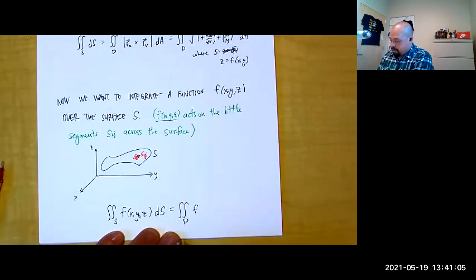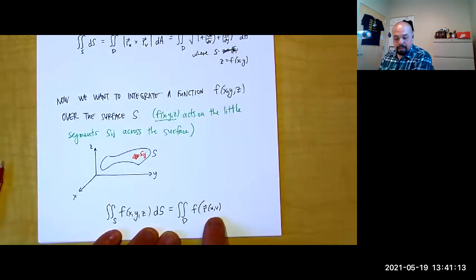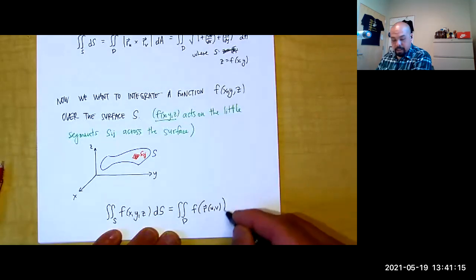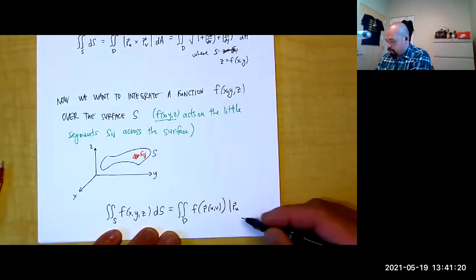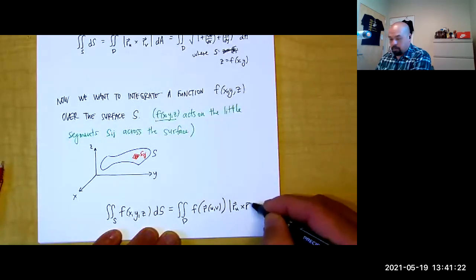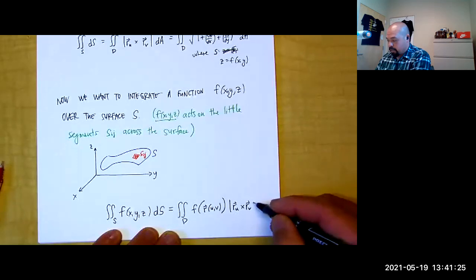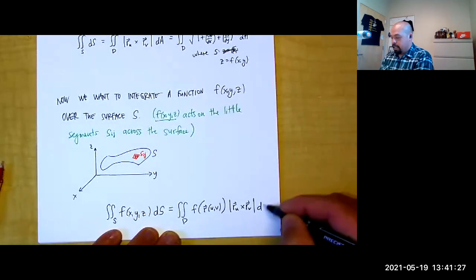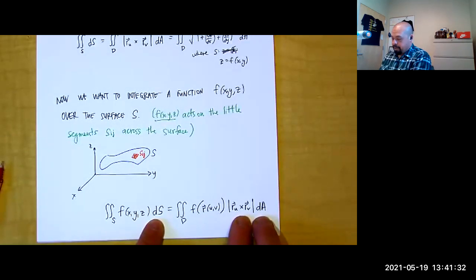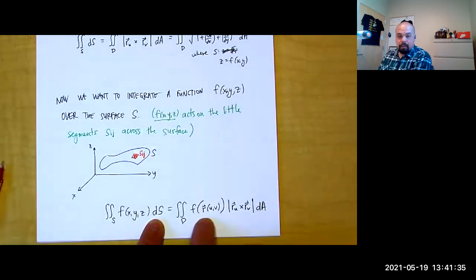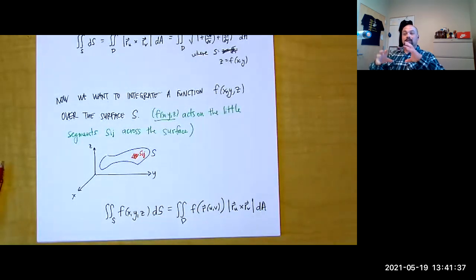And now we have our function f of r of u, v, how we're parameterizing that surface, the parametric surface, multiplied by the cross product of the partial of r with respect to u and the partial of r with respect to v, dA. Right, so taking a little dS component, which we built up in our previous lecture, and now acting upon it with this function. Right, so now we're starting to accumulate what those actions might be.